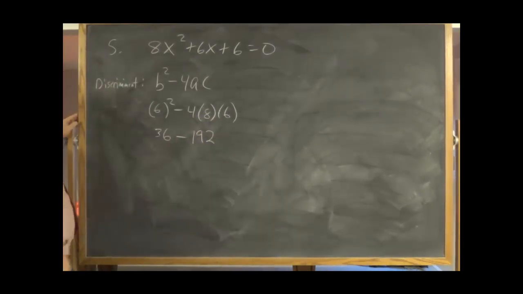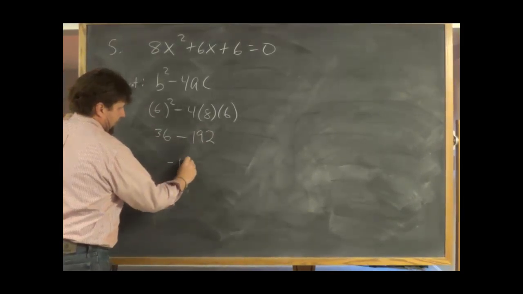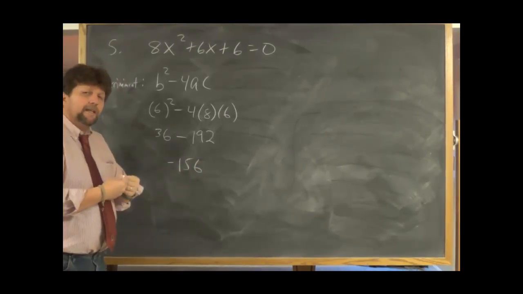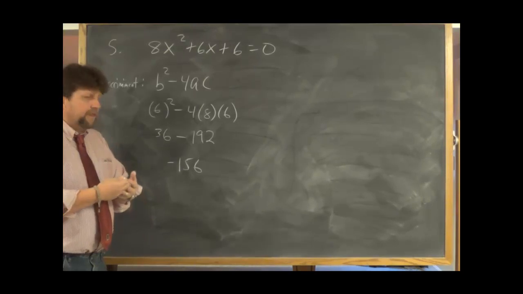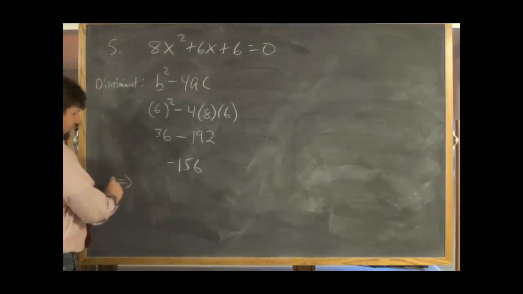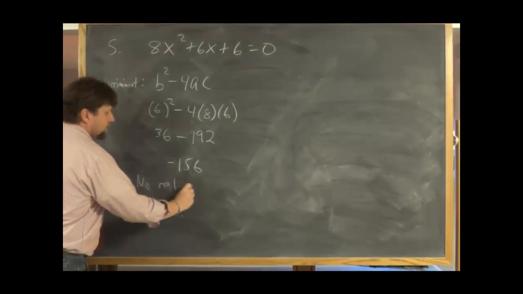So 36 minus 192, that's a negative 156. So the discriminant has a negative value. It's negative 156. When the discriminant is a negative, this tells us that we're going to have no real solutions.